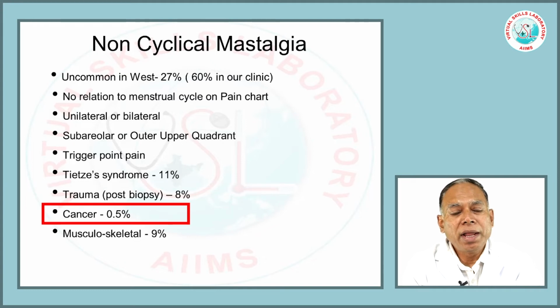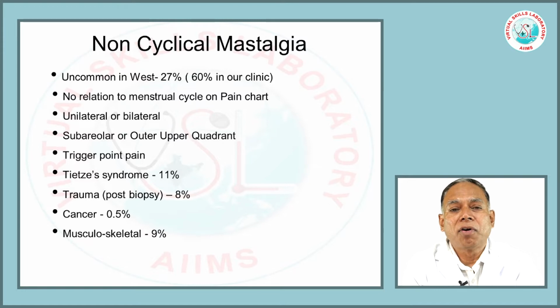Cancer is a rare cause of non-cyclical mastalgia, but this is something that we should always keep in mind. We should be cognizant that some cases of persistent non-cyclical breast pain may actually occur due to cancer of the breast.